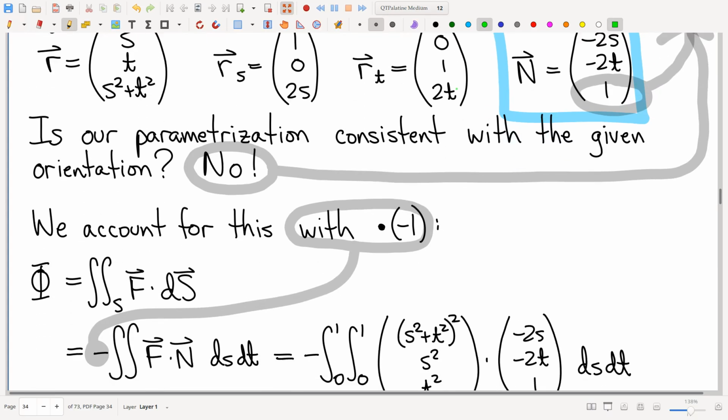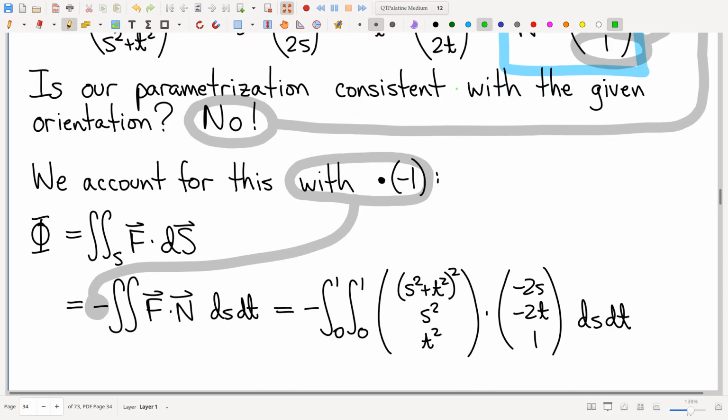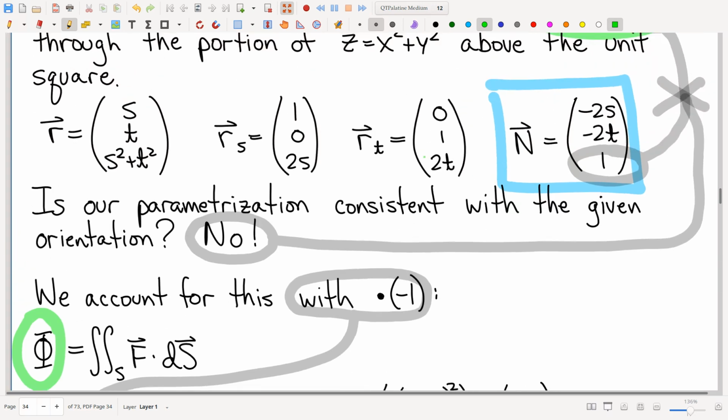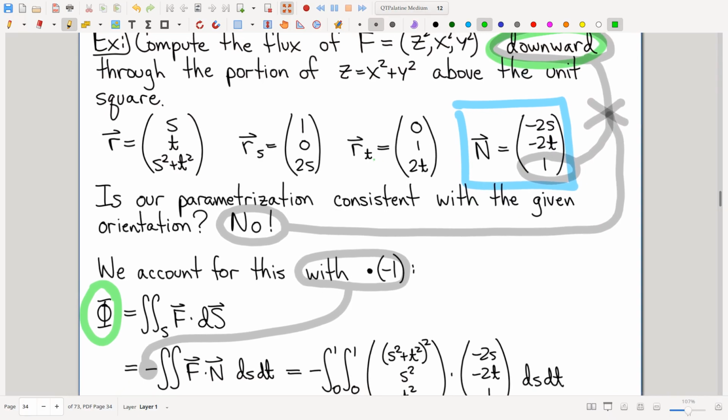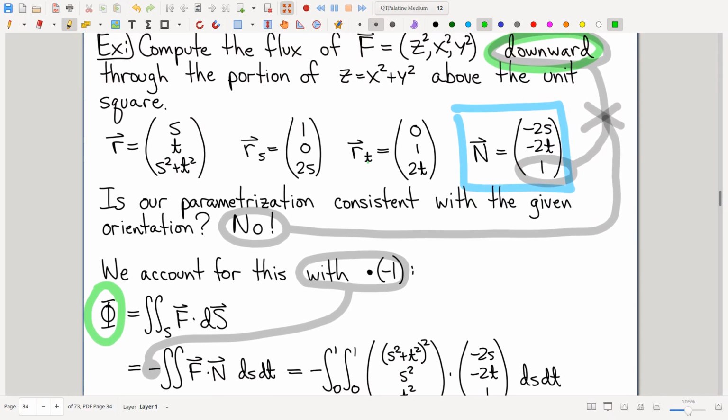Well, what we were going to do anyway is we were going to say that flux is computed with this formula. And now let's worry about orientations. The flux we were supposed to compute is supposed to be, let me zoom, we can see better. The flux we were supposed to compute is downward, so I'm going to color that one green.